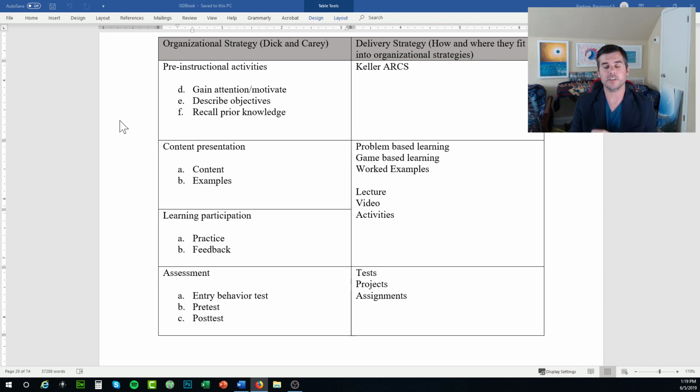And it doesn't need to be difficult. I just feel like we've done a bad job in our texts. I think they've done a really bad job of explaining the differences between these things. One of the only texts I've really ever seen it explained well in was Smith and Ragan's book, but they haven't had a new version of their book since 2004. I'm not sure if they both passed away, but I think one of them has, and I know they've since retired and they're not doing this anymore.